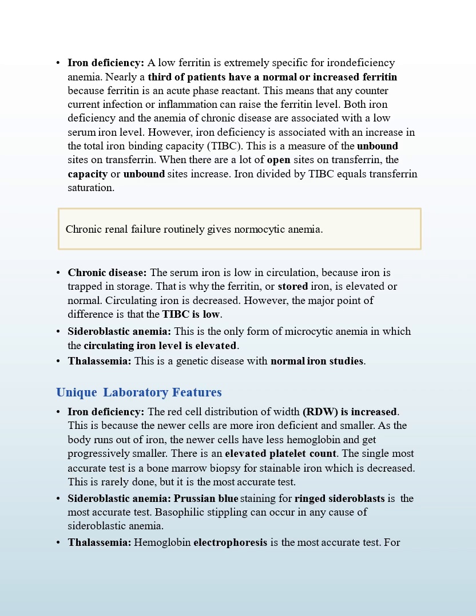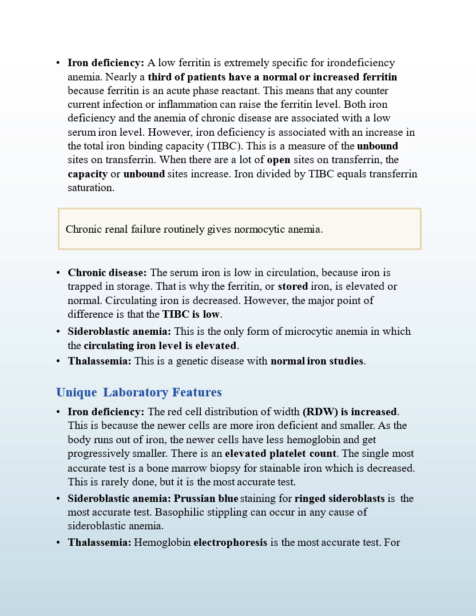Also, we need to look at the increase of the total iron binding capacity, or TIBC. This is a measure of unbound sites of transferrin. When there are a lot of open sites of transferrin, the capacity or unbound sites increase.